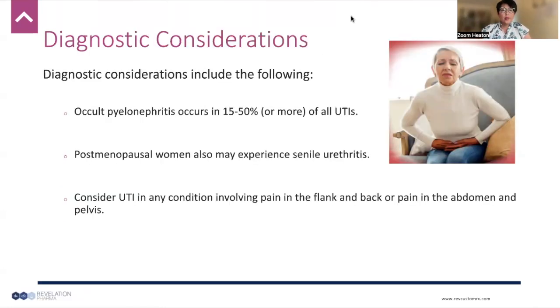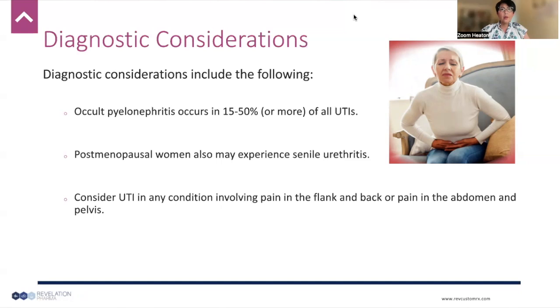Other diagnostic considerations: occult pyelonephritis occurs in 15 to 50% and sometimes more of all UTIs. Postmenopausal women also may experience senile urethritis, and this usually occurs in older women. It appears that these patients are unable to mount a fever or develop an elevated white count or costovertebral angle, CVA, tenderness.